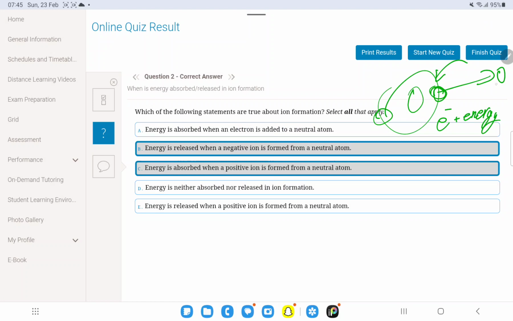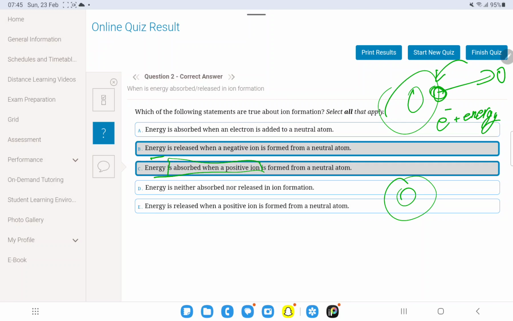So we took the electron away, so we formed, sorry, this isn't here. So we took an electron away from a balanced atom. So now it's only the nucleus in there, so it's positively charged. So energy is absorbed when a positive ion is formed.